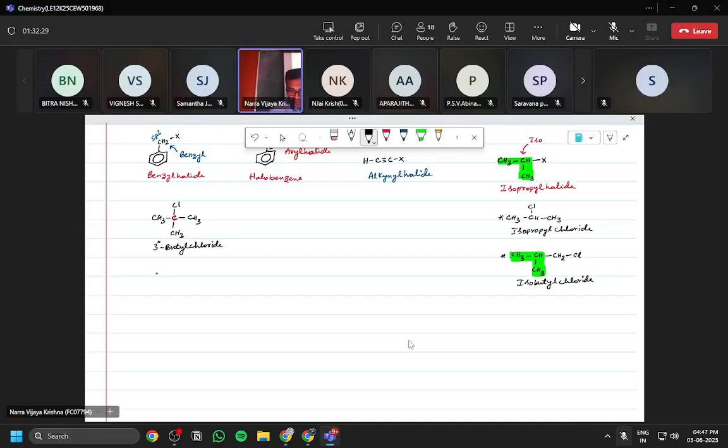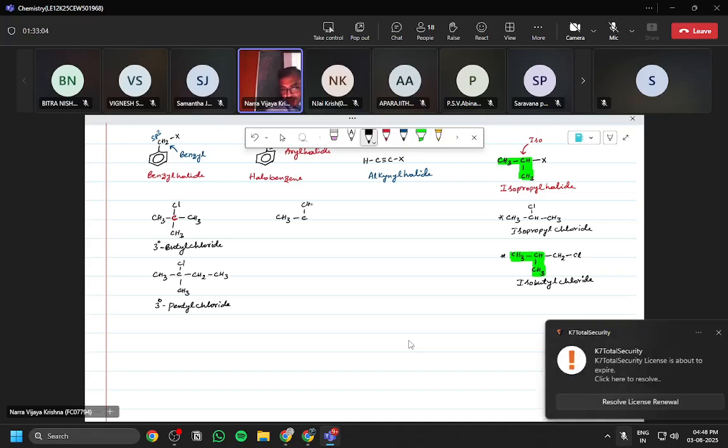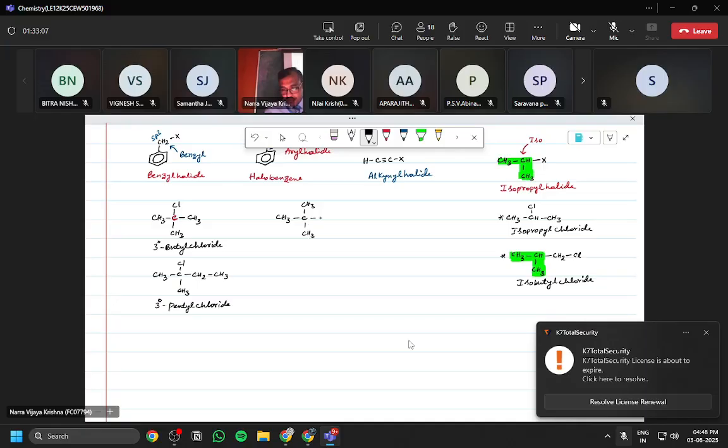Now if I take something like this, CH3-CCl(CH3)-CH2-CH3. Now, sir, tertiary, 1, 2, 3, 4, 5. Tertiary pentyl chloride. Now I am changing the position of chlorine and methyl again. I brought this CH3 here and chlorine here. Now it is called neopentyl.